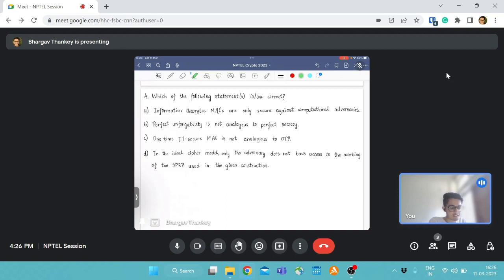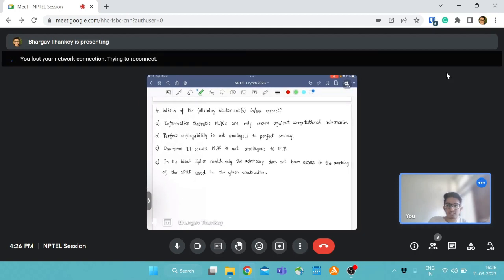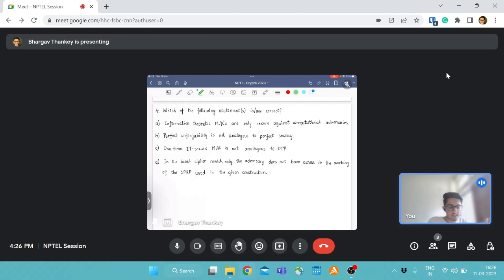So in perfect secrecy, the message is completely secure. However, in perfect unforgeability, the adversary does have a non-zero probability of success. Sure, the probability is negligible, but it is non-zero. So yes, perfect unforgeability is not analogous to perfect secrecy.